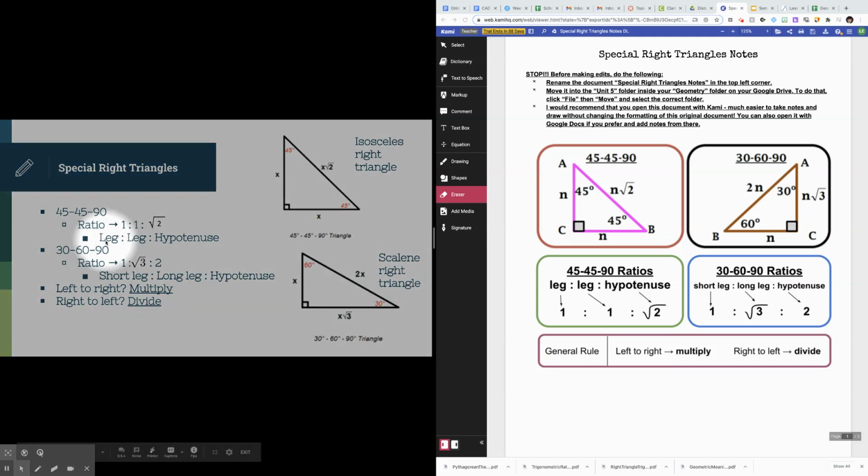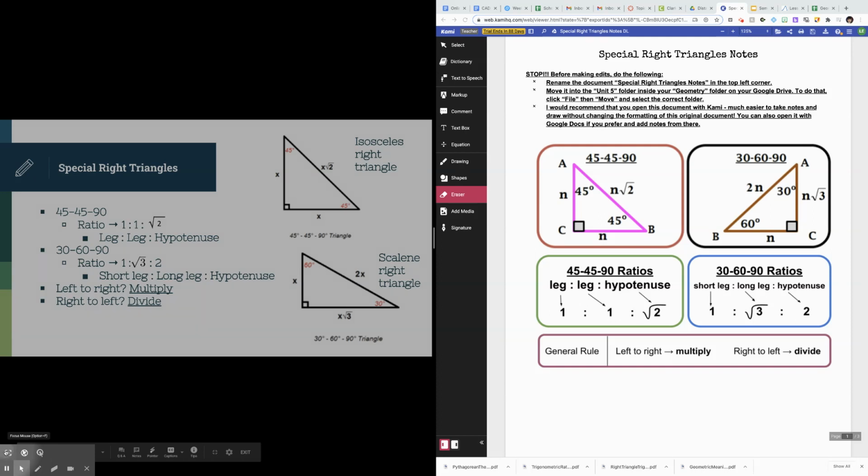What that means is that the two legs are the same length, isosceles triangle, and the hypotenuse is the length of the leg times root 2. So that's what this x root 2 means in the diagram, and what n root 2 means over in your notes on the right hand side. Okay, so that's the first type of special right triangle.